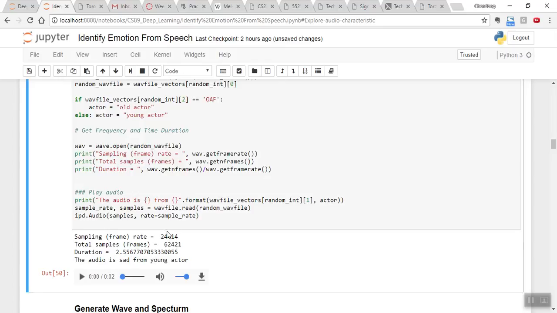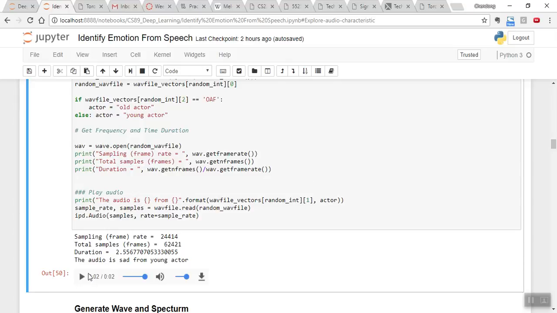We can find out that the sample is not CD quality, which is 41K hertz, but it's 24K hertz. So let's play the emotion. Say the word perch. Say the word perch. So this is sad emotion from a young actor.